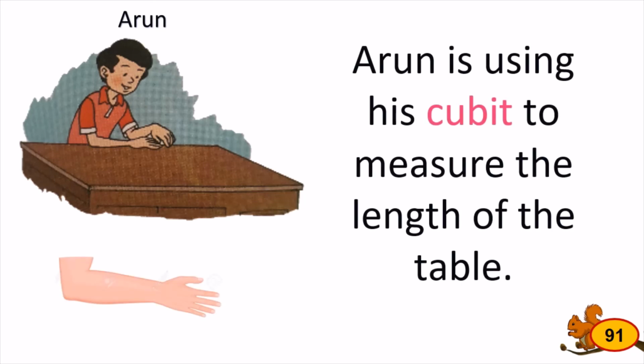Arun is using cubit to measure the length of the table. Now what was cubit? Cubit was the distance from elbow to the fingertip. So Arun is using his cubit to measure the length of the table.